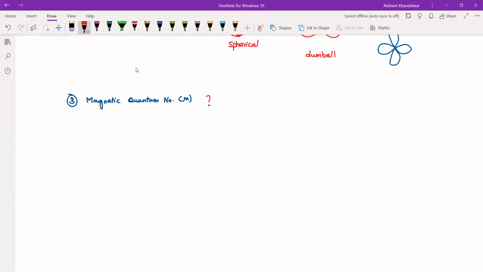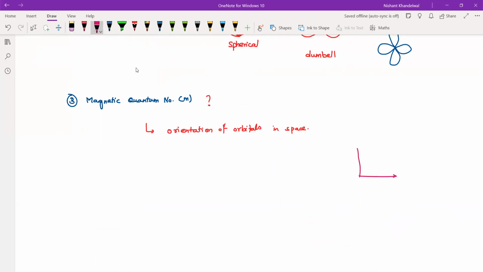The reason is the magnetic quantum number helps to predict the orientation of orbitals in space. It tells about the orientation of orbitals.